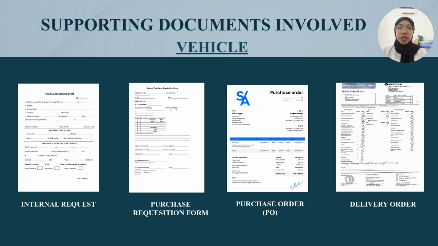Delivery and billing documents: delivery order, a document provided by the supplier or dealer, in transit, signed by the company receiving department. It is physical proof that the vehicle was successfully delivered and accepted.